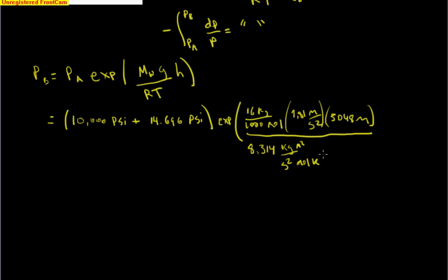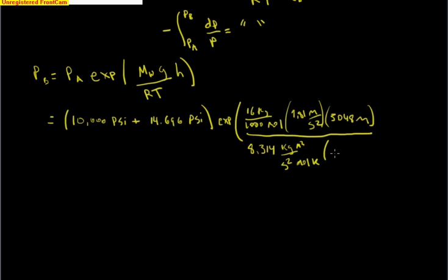And then we're going to multiply by temperature in Kelvin. We're given the temperature is 100 degrees Fahrenheit, so we need to convert that using the identity that temperature in Kelvin is going to equal temperature in Fahrenheit minus 32, and then that quantity multiplied by 5 over 9, and then add 273.15.